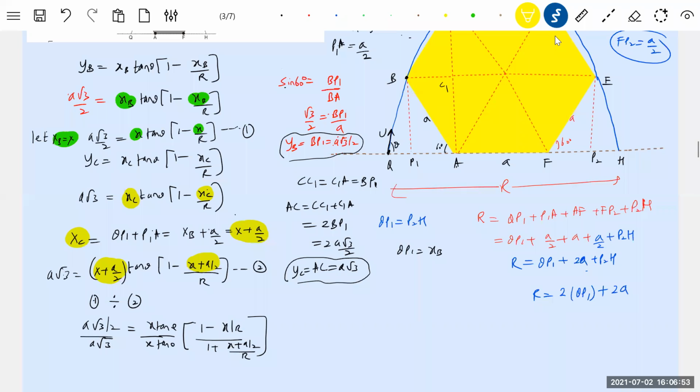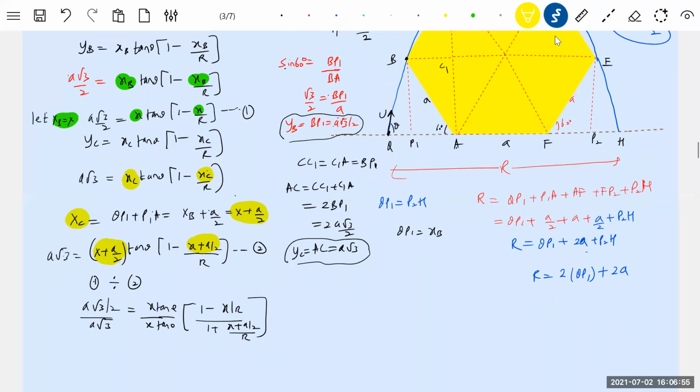Okay, everything will get eliminated. Here 1 by 2. Then R plus x plus a by 2. Sir, x plus a by 2 tan theta, no, sir?